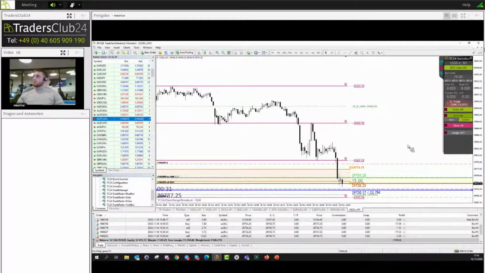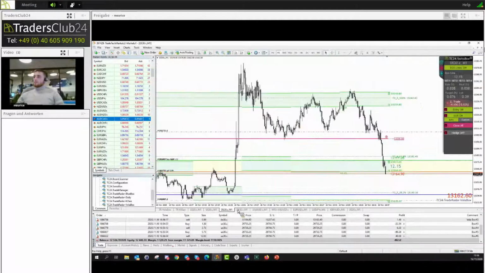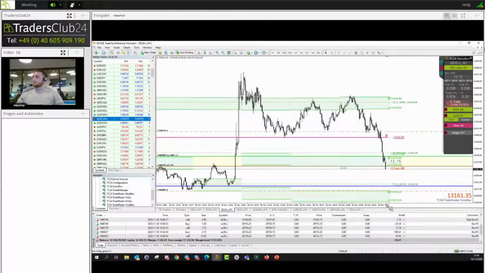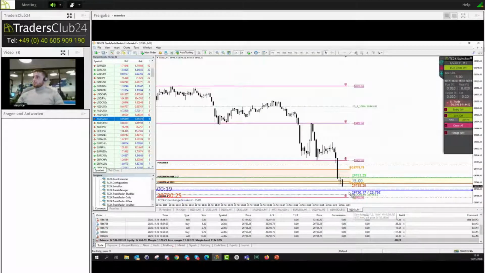Go through our GBP AUD, and there's our DAX. Currently in our second trade over there. As the market comes down now. Waiting for that last push.